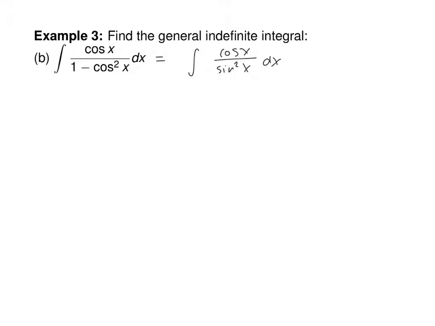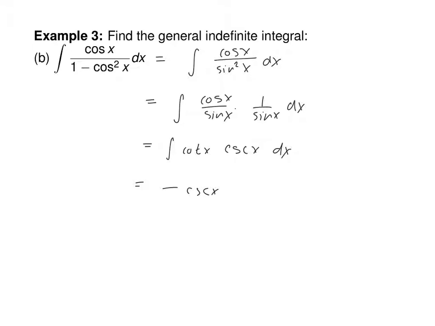Which makes it into the first one, doesn't it? Which is the same thing as cosine x over sine, 1 over sine, or cotangent x, cosecant x. So here you go.